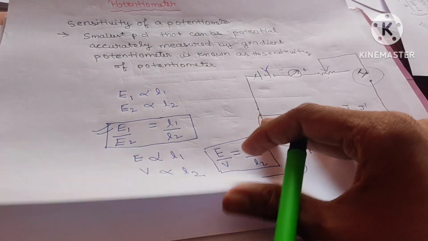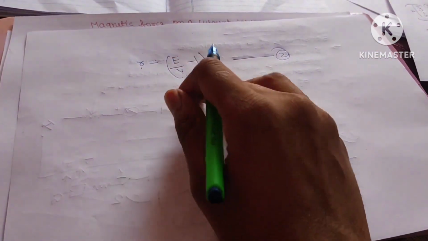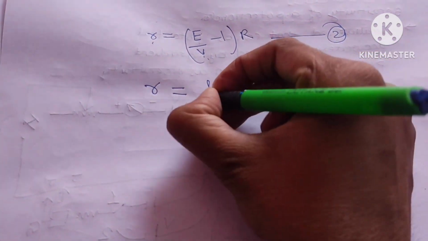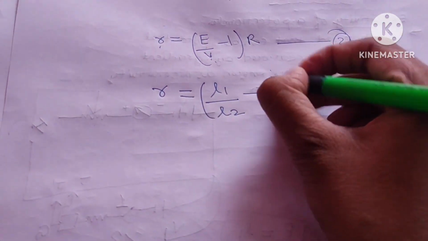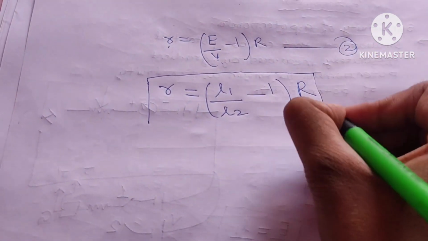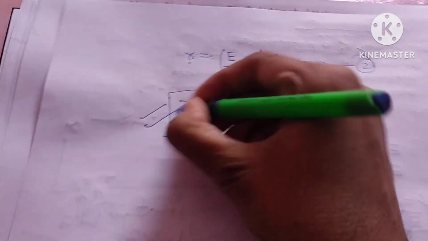Now compare these. Instead of E by V, we can write R is equal to L1 by L2 minus 1, and this is our formula. We generated the formula. So thank you.